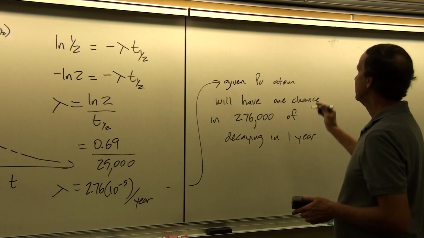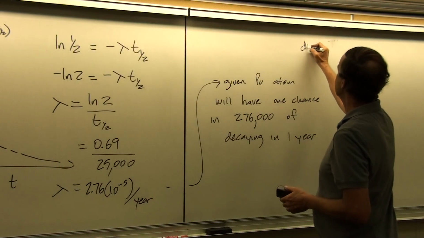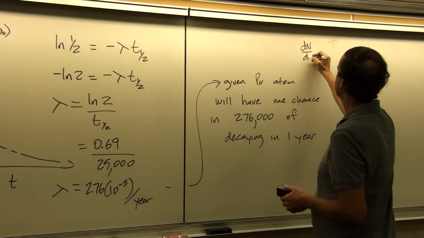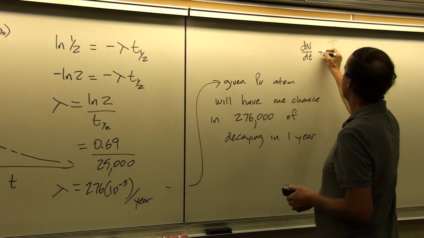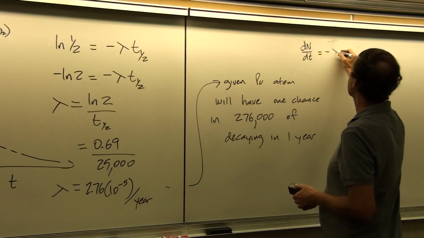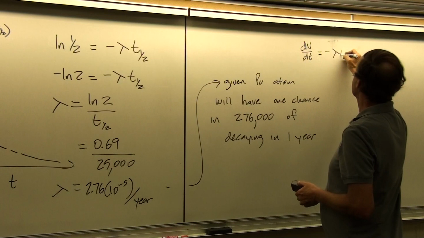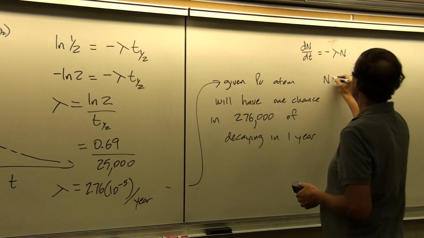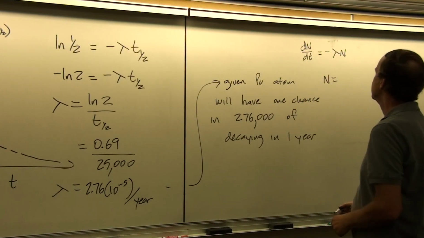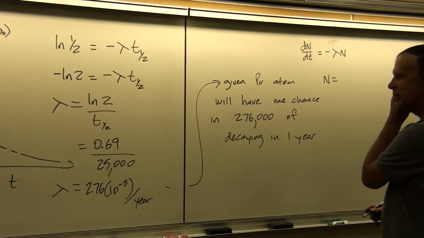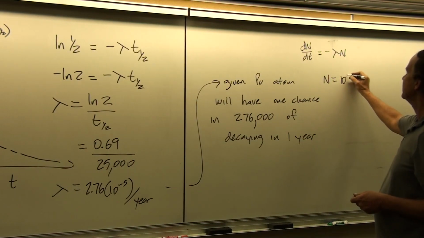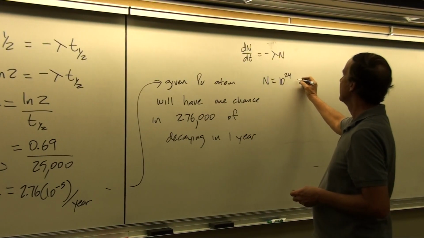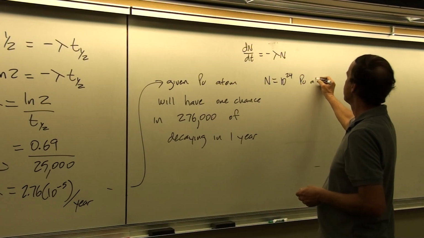And so if we want the decay rate, dN/dt, that's equal to minus lambda N. So let's set N here equal to the number of particles. Let's make it 10 to the 24th power plutonium atoms.